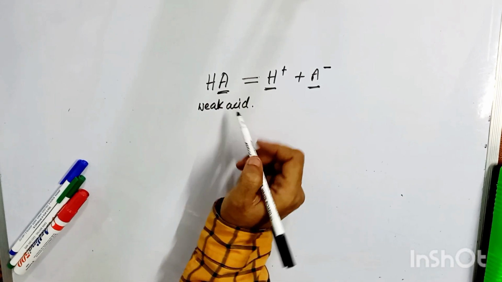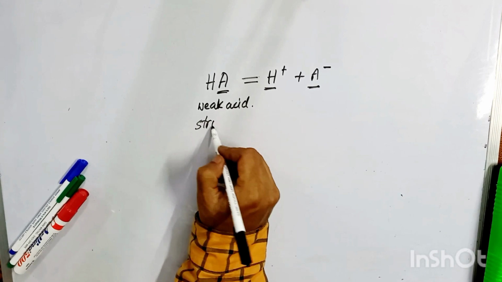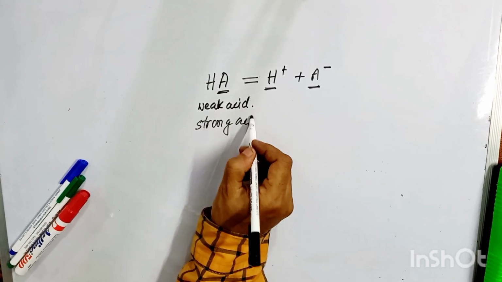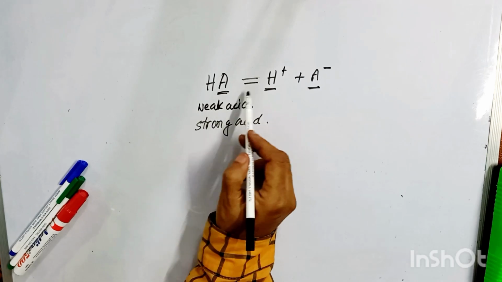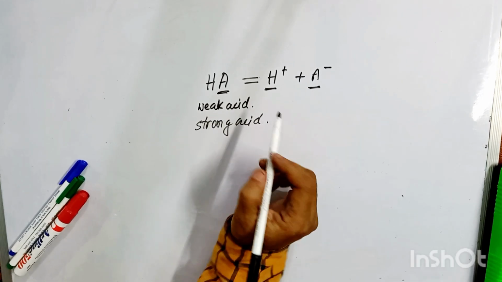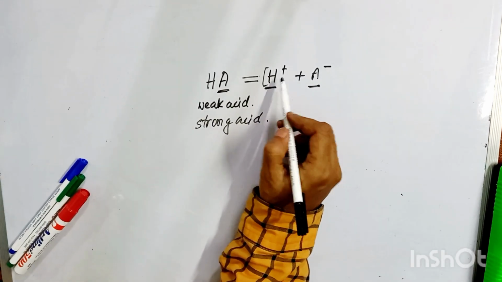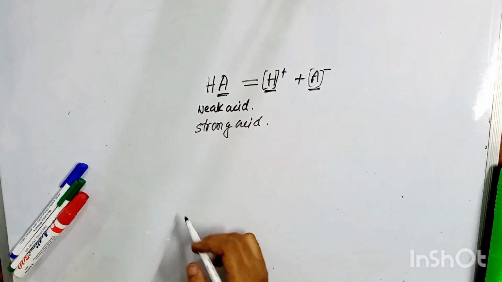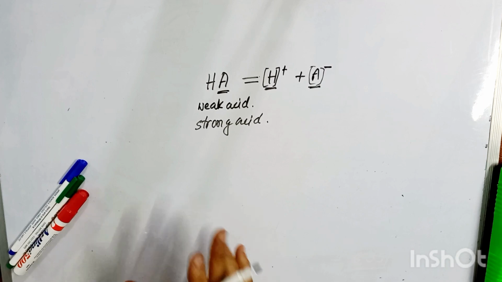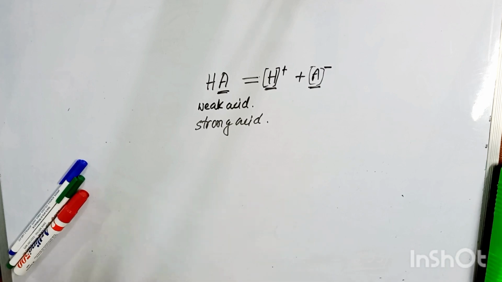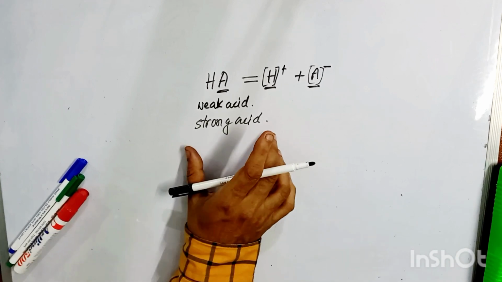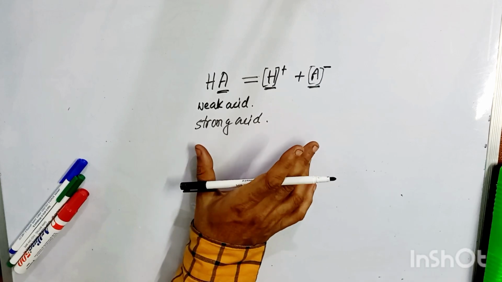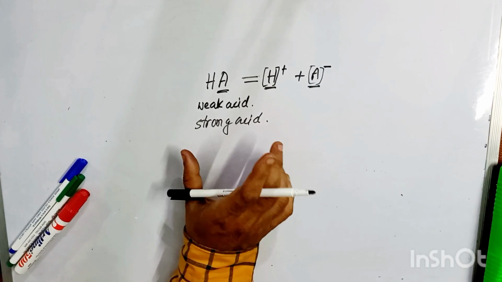But when this is a strong acid, it will completely dissociate into these two ions and liberate all these hydrogen ions, and there is very high damage that strong acids cause. Why this damage?